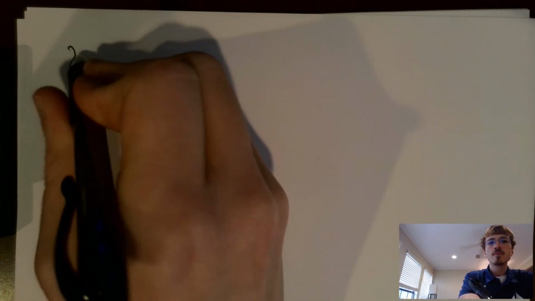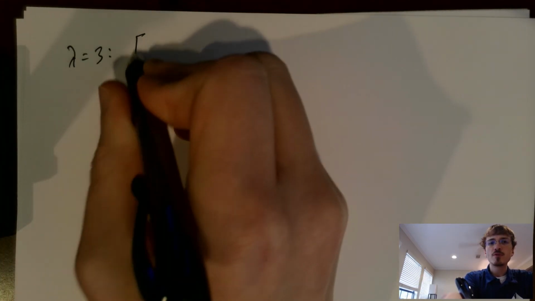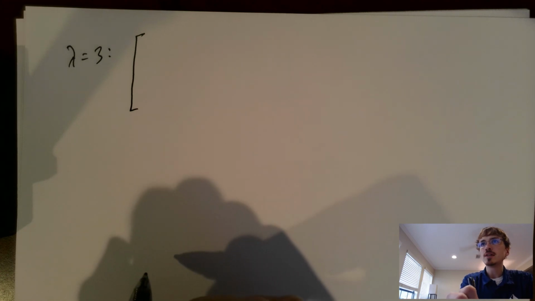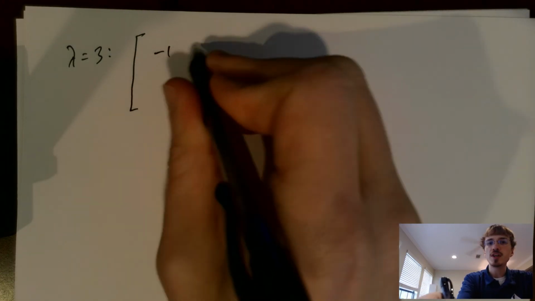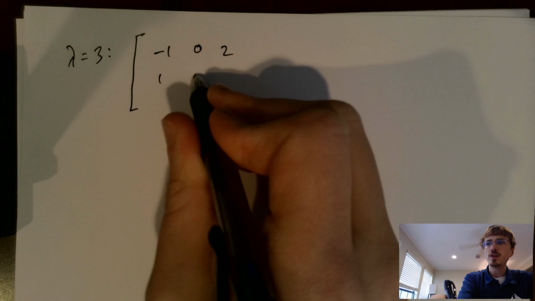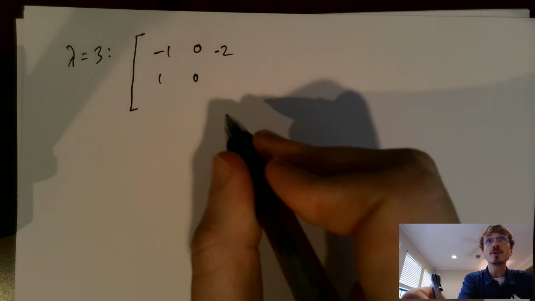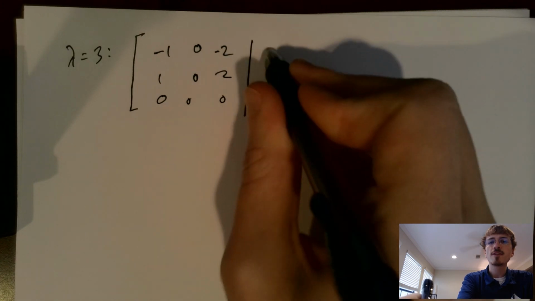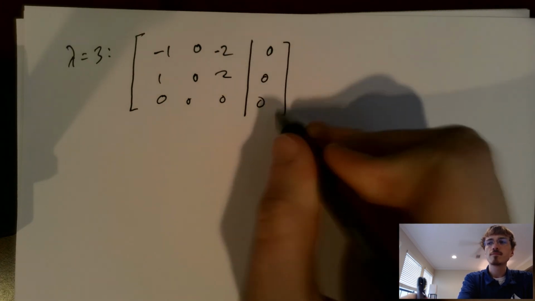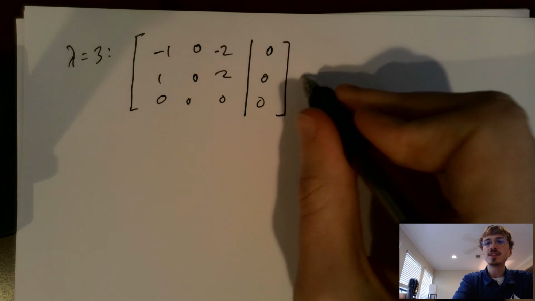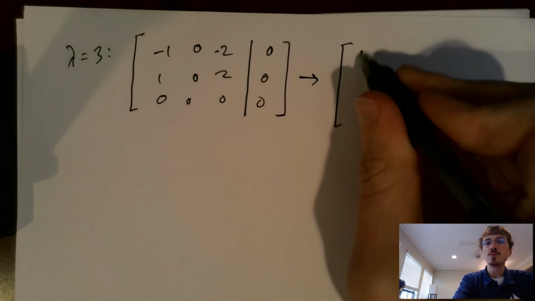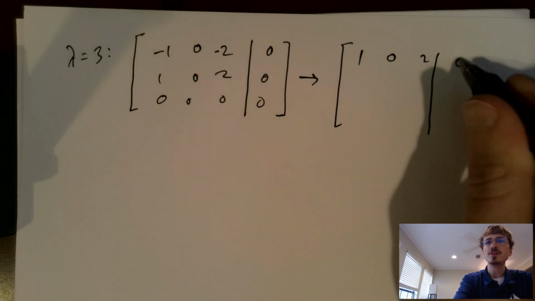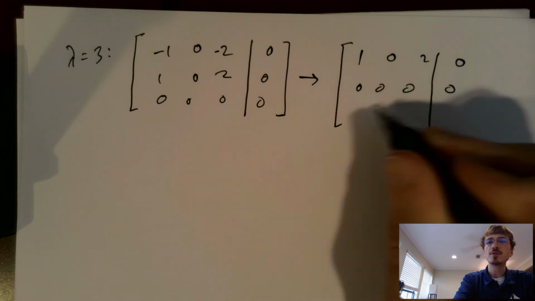Let's do it again for lambda equals 3. Whenever we compute A minus 3I, we should get negative 1, 0, negative 2, sorry about that. 1, 0, 2, 0, 0, 0. And by adding these together, we see that we get 1, 0, 2, augment 0, 0, 0, 0, 0, 0, 0, 0, 0.